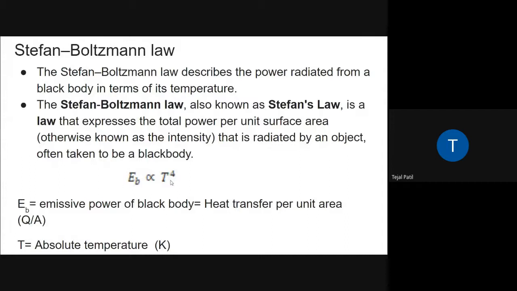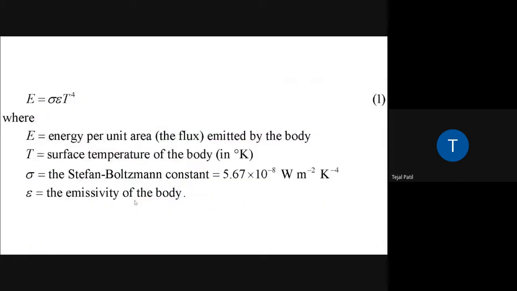Now, it is talking only about the black body, and in practice a black body is hypothetical. Each body has its own capability to radiate, which is denoted by the emissivity.